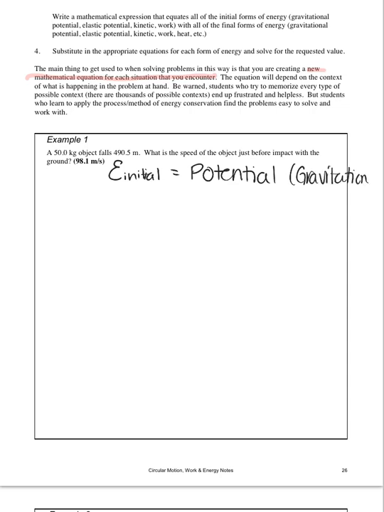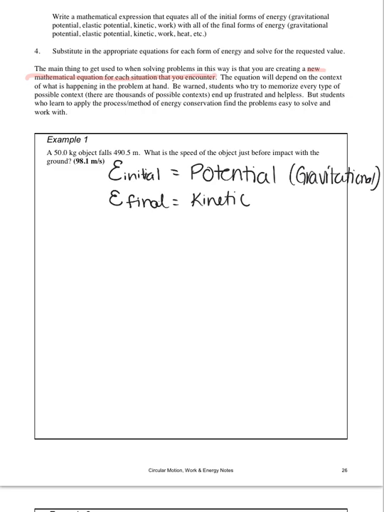Again, there are 2 different types of potential energy, gravitational and elastic. At the end, the object will have fallen, so it no longer has gravitational potential energy. It only has kinetic energy.